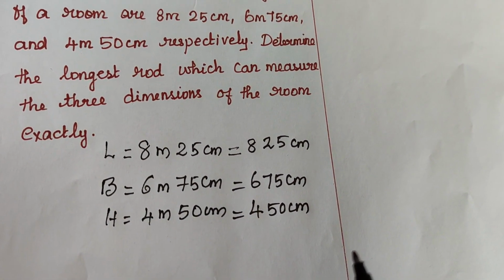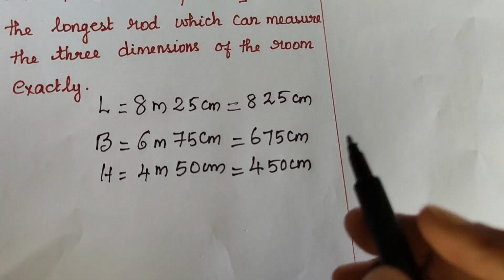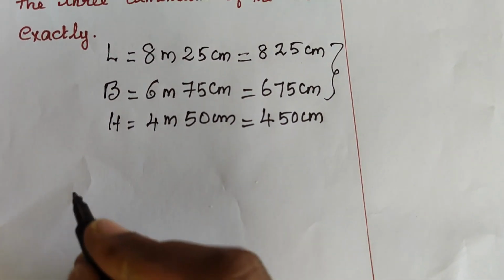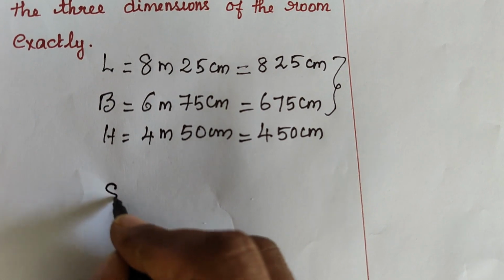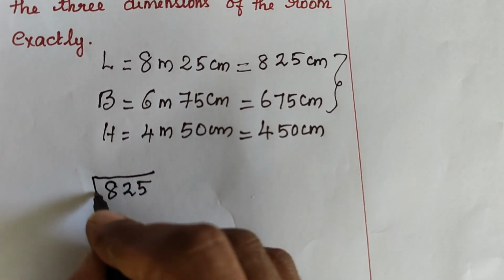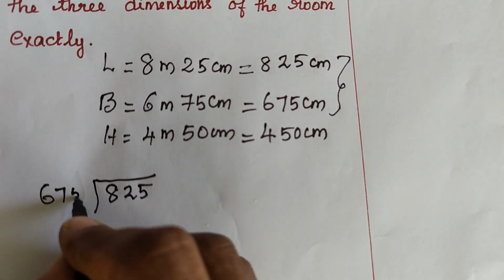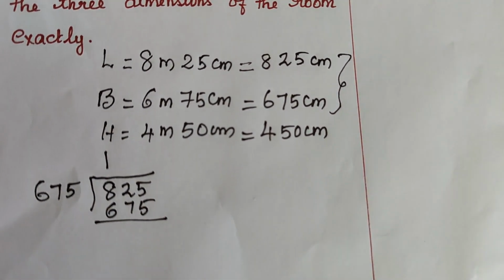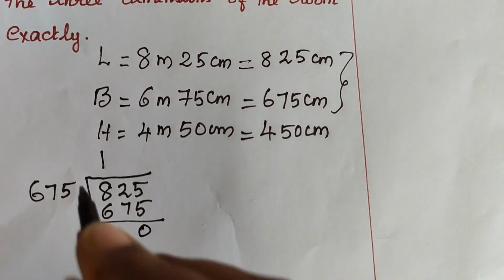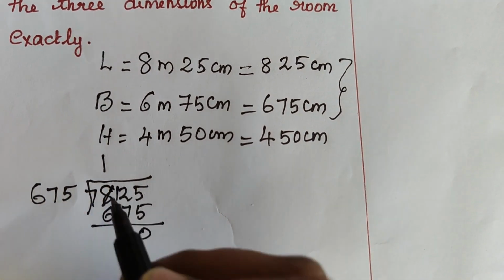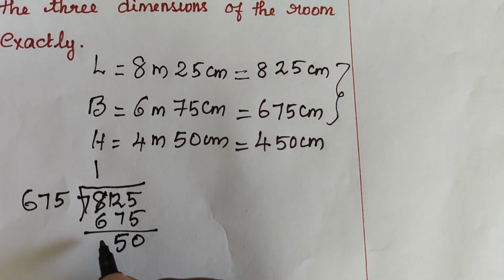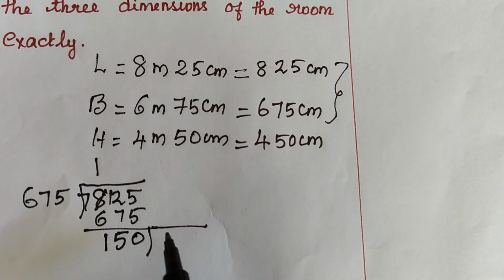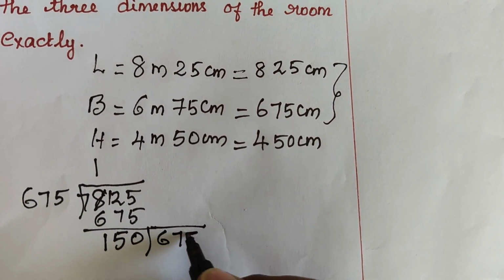Now, for the common factor of all these numbers, first I will take the HCF of the first two numbers. 825 divided by 675, one time 675. Now 5 minus 5 is 0. 7 minus 7... 12 minus 7 is 5, 7 minus 6 is 1. 150 becomes the divisor. Now put the 675 inside.